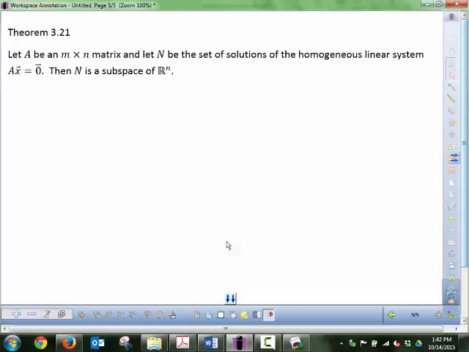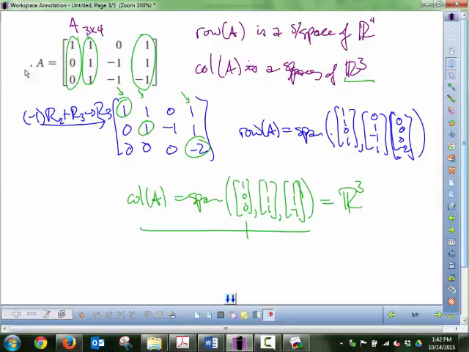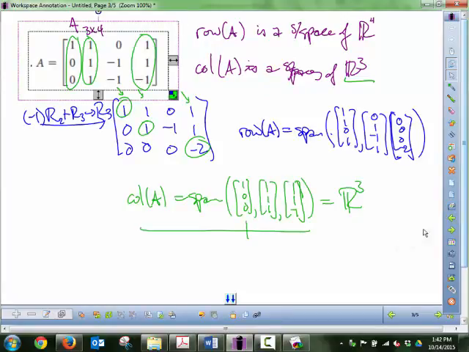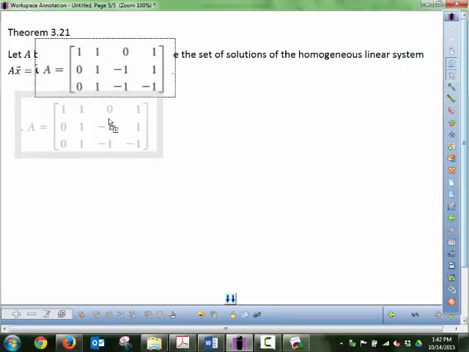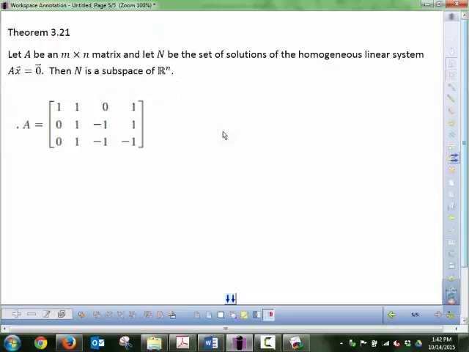Let's see if this makes sense. Let's go back to our example, and let's solve this matrix with AX equal to 0. Let's set up a homogeneous linear system, and homogeneous just means it's set equal to 0.